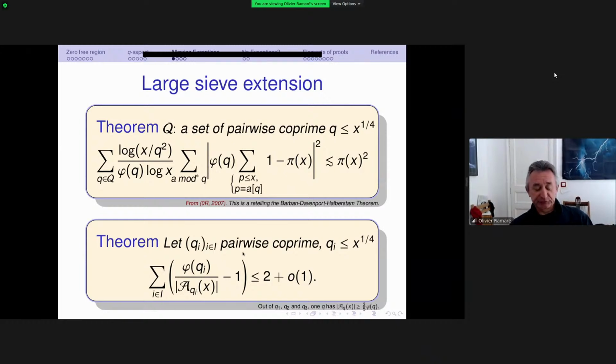So for instance, if you take 3 moduli, Q1, Q2, Q3, for one of them, this quantity is less than 2/3. So it means that for one of them, A of Q is larger than 3/5 phi of Q. And you've beaten the factor 2 with that. Okay, you don't know exactly which Qi you have, but still you can beat the factor 2. That's completely similar to the exceptional modulus behavior.